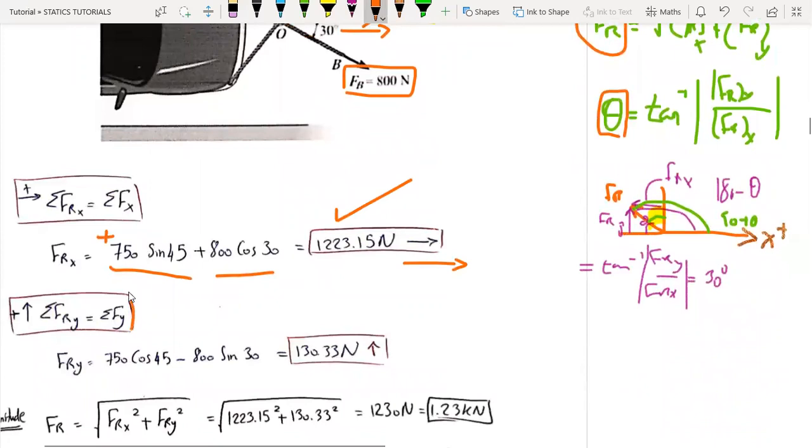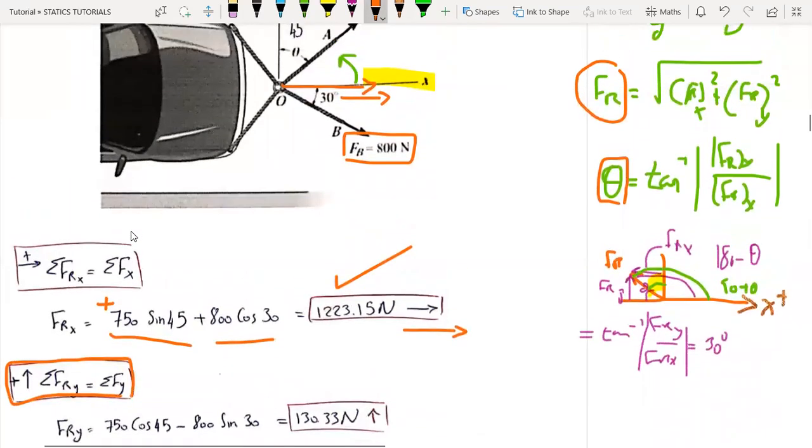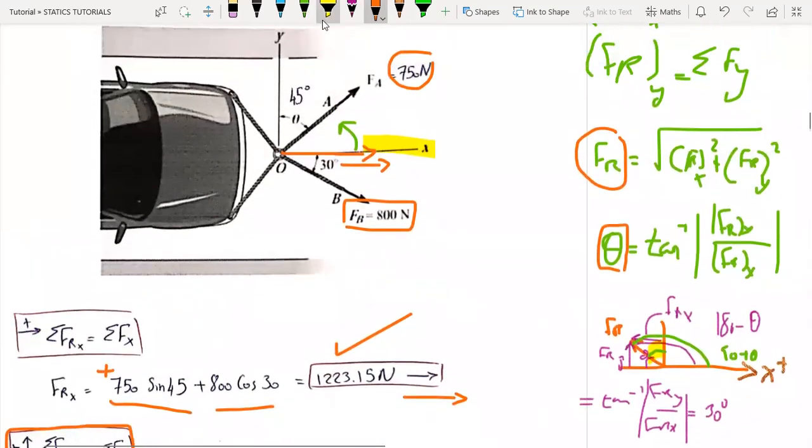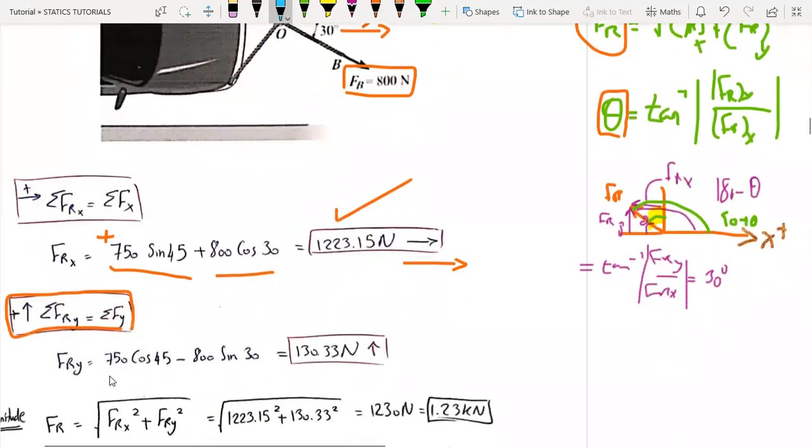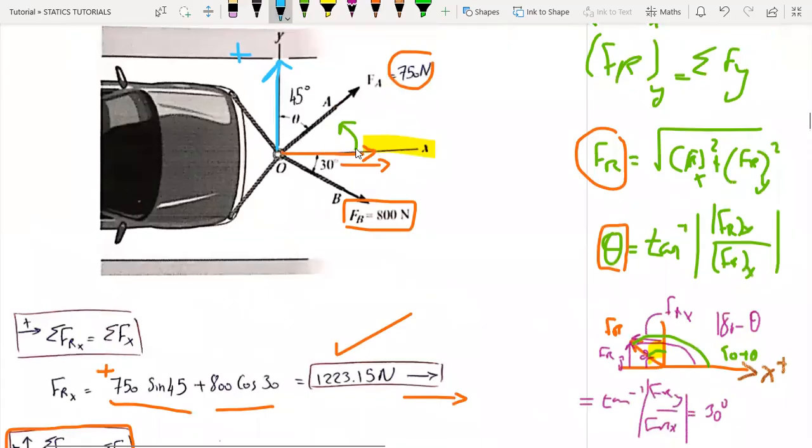Similarly, taking the summation of the vertical components, the y-axis, FRY is equal to 750 cosine 45, which is positive. And here the component 800 sine 30 will be acting downwards, so negative.